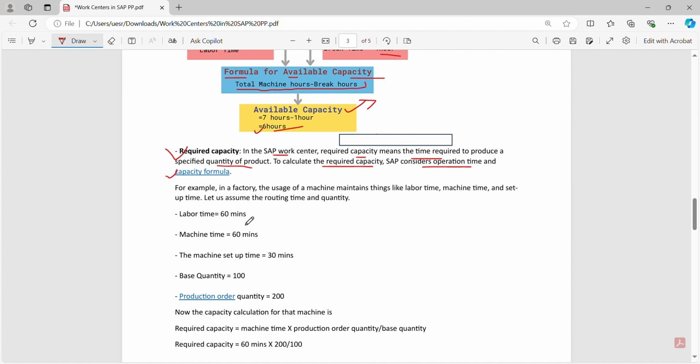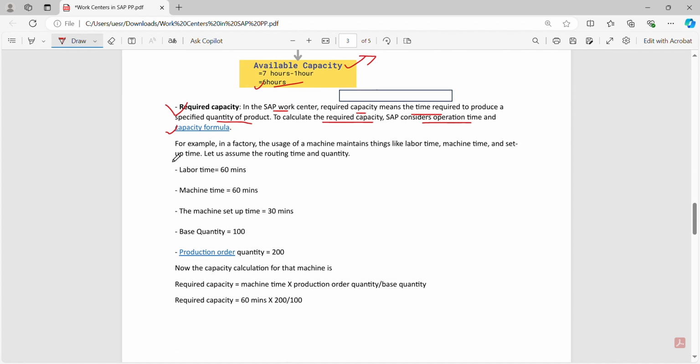Here we also go with an example, because if you link a concept with an example, you will get a clear picture of what is happening. So now we are going to calculate required capacity.